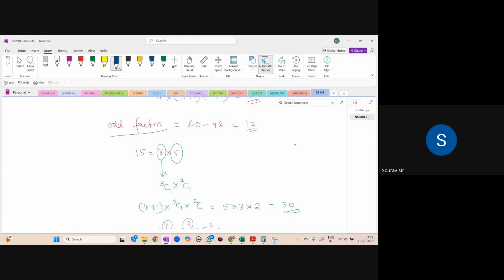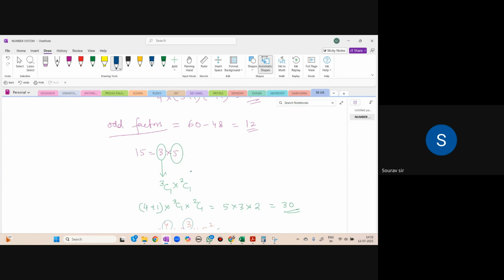No, that's wrong, because you have to consider the individual factors. 3 and 5 are individual factors of 15, always. That's why I said even when I was doing odd factors that there is a chance of making a mistake. This is the exact mistake that happens. So never try to combine. If you try to combine, the answer will be wrong.